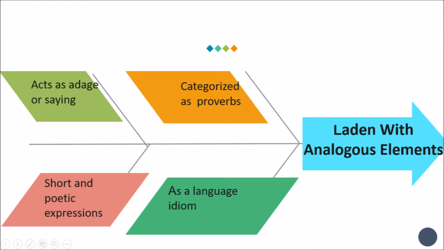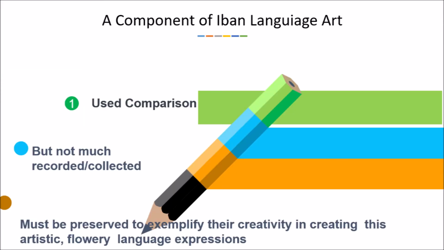So this is why we need to interpret the hidden meaning of the local wisdom of the people. Normally, the words are short and poetic. Now, there are a lot of things that we can say about the allusion or Jaku Silup. It is a component of our language art.